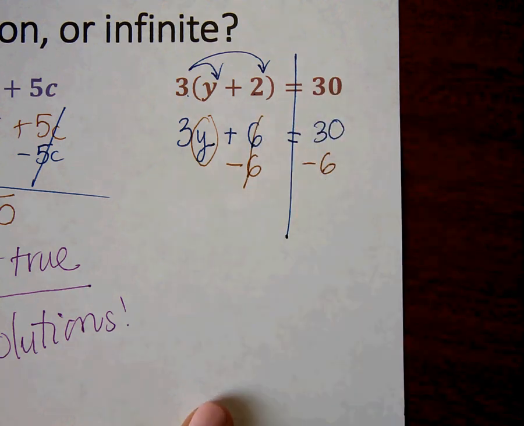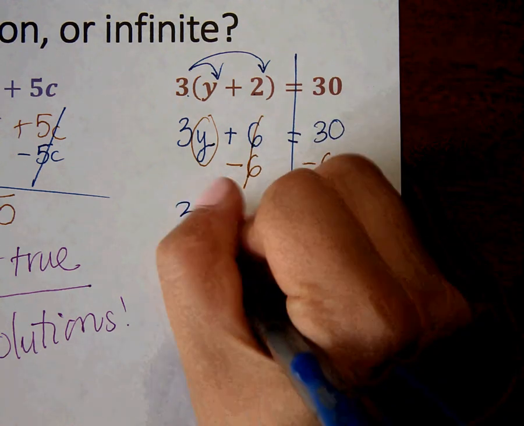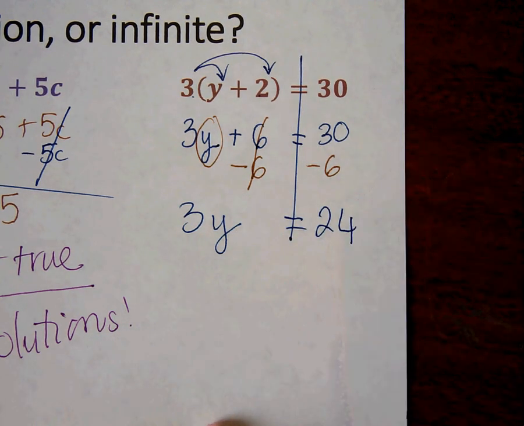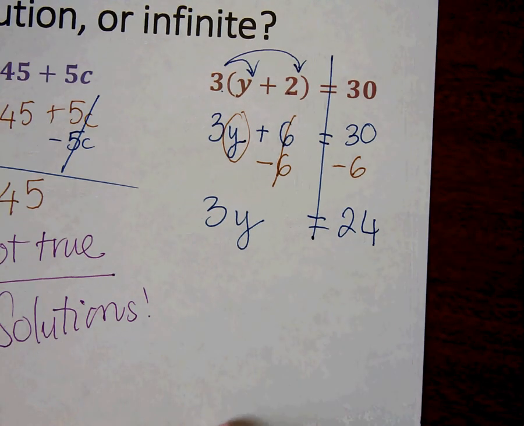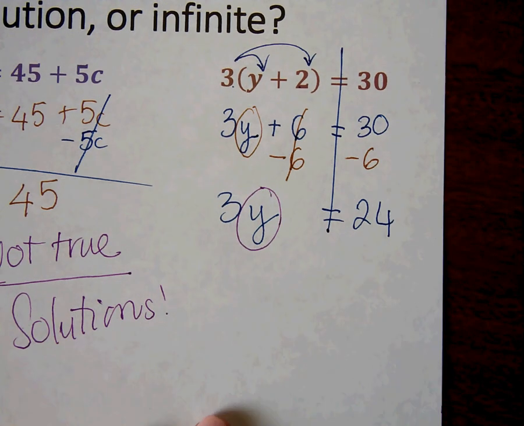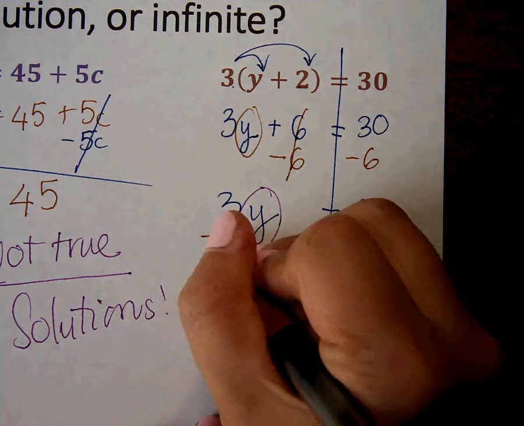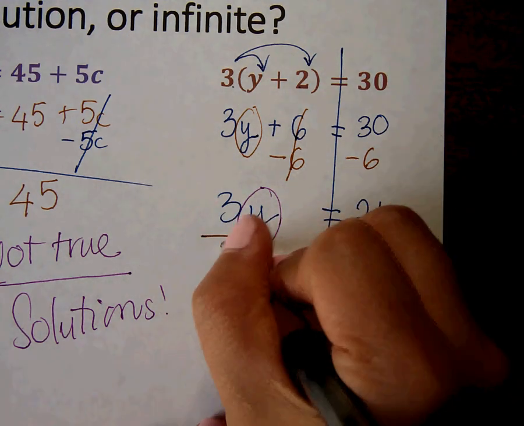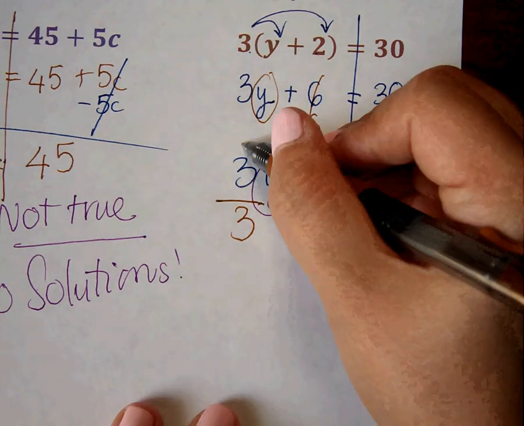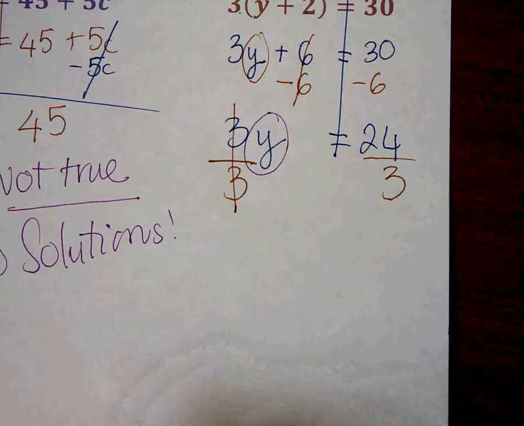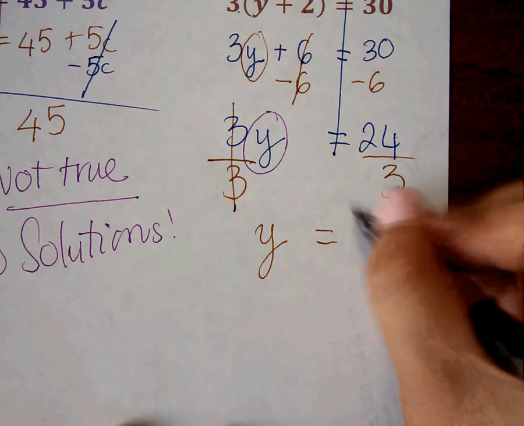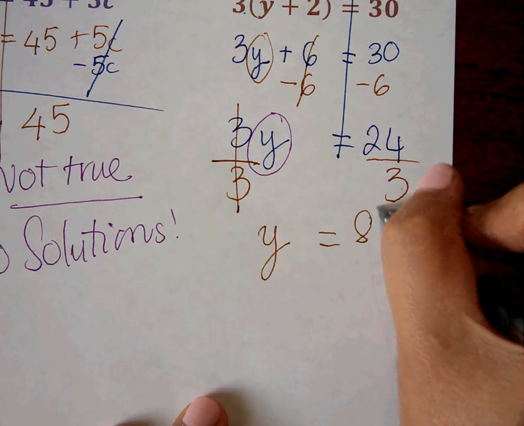This will cancel out, give you 0. So we have 3y equals 24. Again, to solve for y, we gotta undo the times 3. The opposite operation of times 3 is divided by 3. 3 divided by 3, if you divide the same thing, you get 1. So that's 1y equals 24 divided by 3, which is 8.